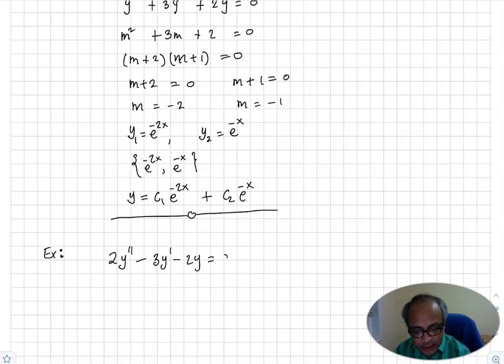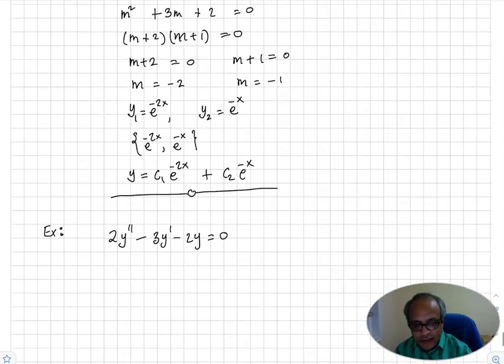So this time I'm going to take a number 2 for the coefficient of the second derivative, and I'm going to assume that e to the power mx is a solution. I will substitute e to the power mx for y. So y double prime will be m squared e to the power mx, and e to the power mx clearly will be cancelled out.